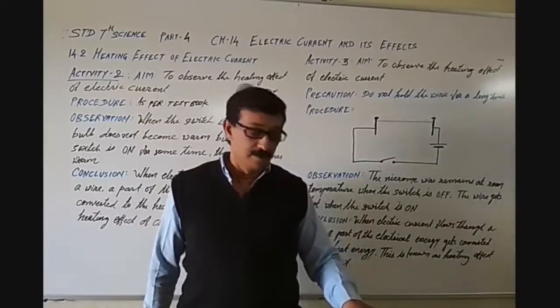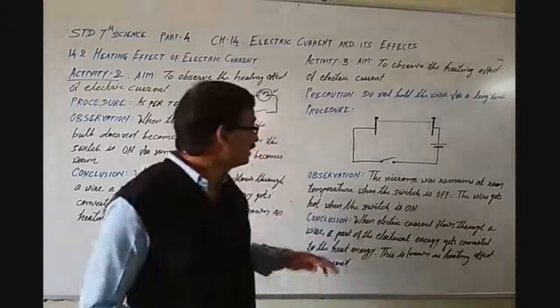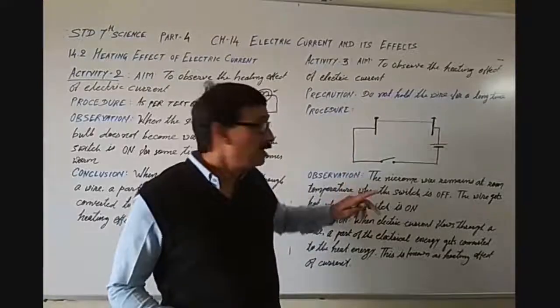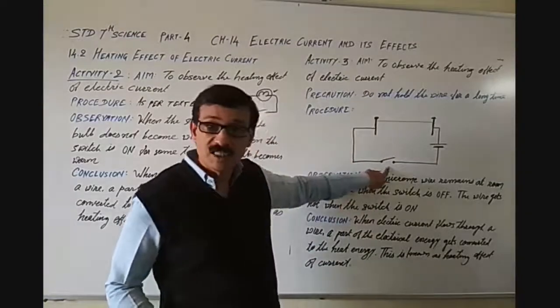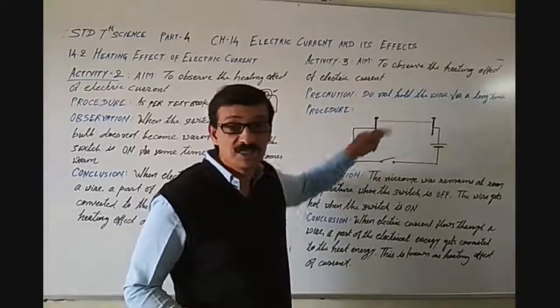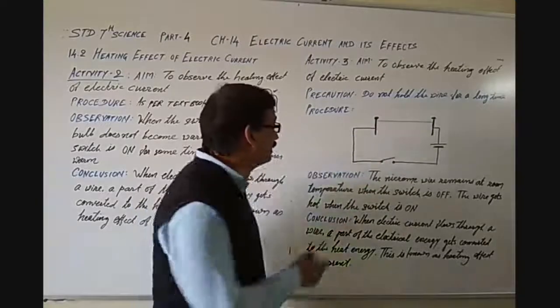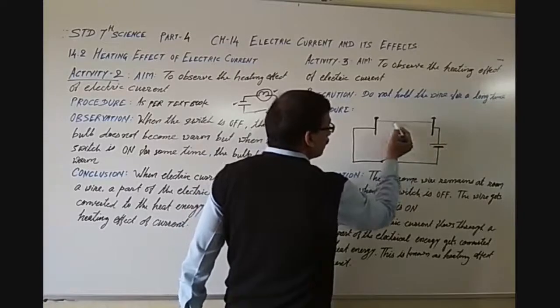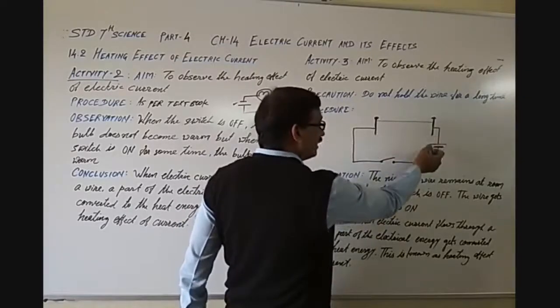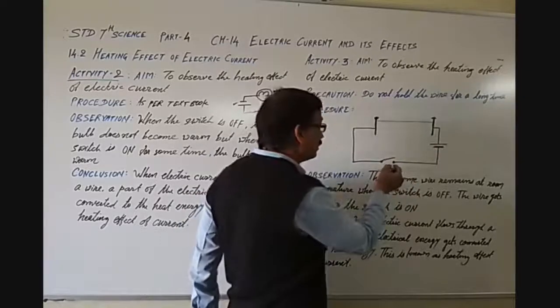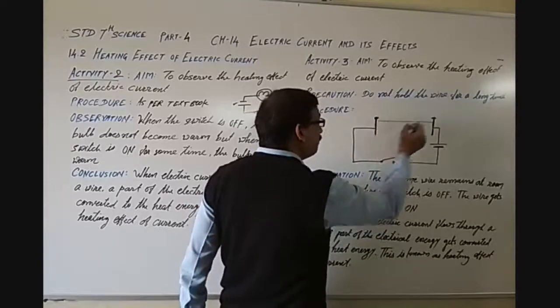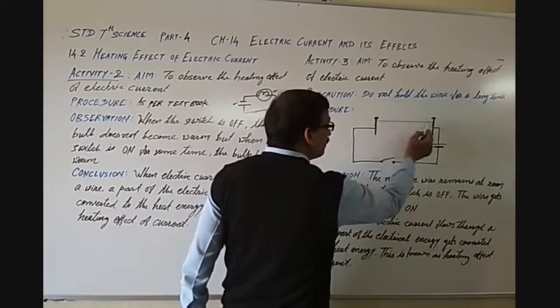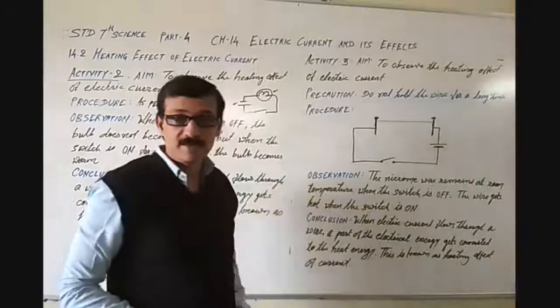Now you can see this circuit. The switch is in the off position. At that time you touch the wire. You can see two nails are there, and here is the nichrome wire. This is a regular circuit. There is a cell, there is a switch, but in between these two pins we tie that nichrome wire.